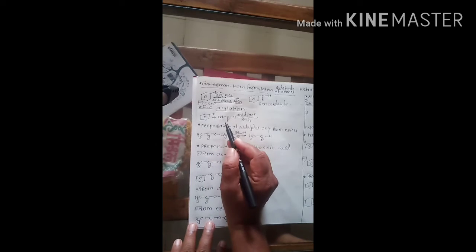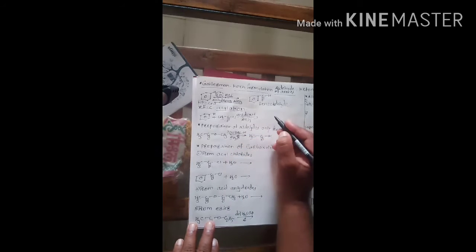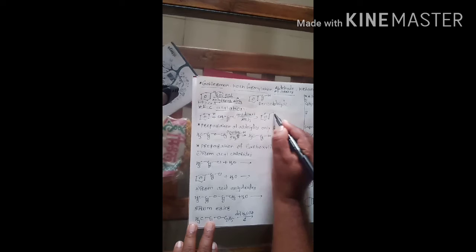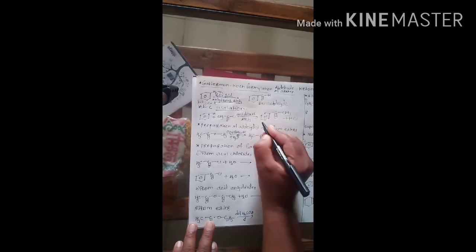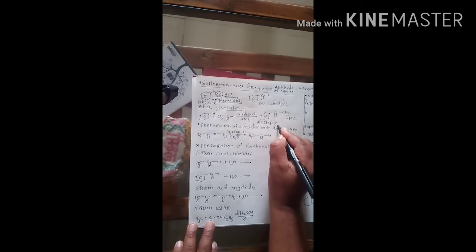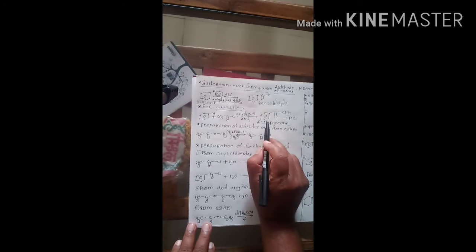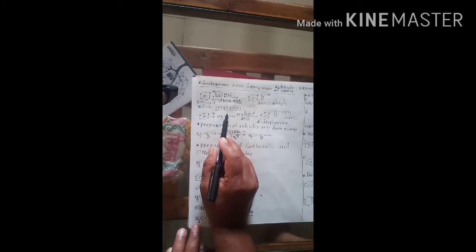If you take another compound, acetic anhydride, in presence of anhydrous AlCl3, then you will get C6H5COCH3 plus HCl. So this is acetophenone. So we can prepare the corresponding ketone by using this Friedel-Crafts acylation.